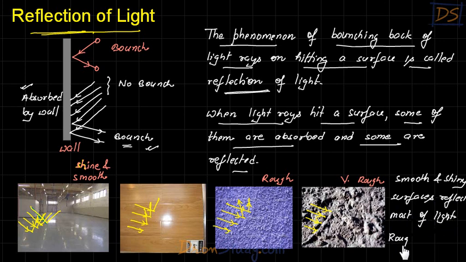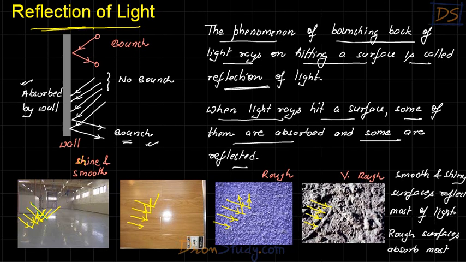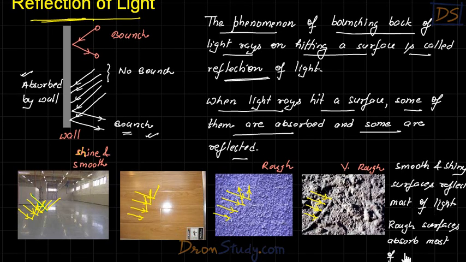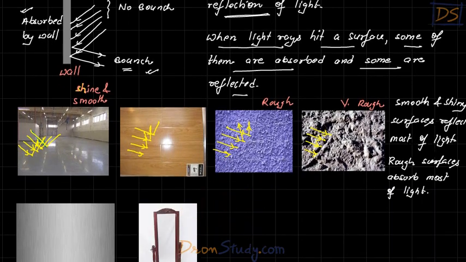Rough surfaces absorb most of the light. So it's a very simple point, students, you can keep in mind. A very smooth surface will reflect most of the light. As the smoothness decreases, more and more light will be absorbed. Okay, students.